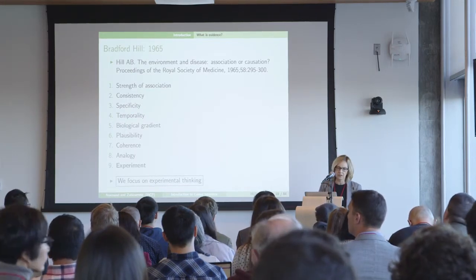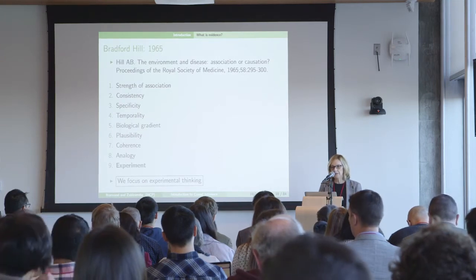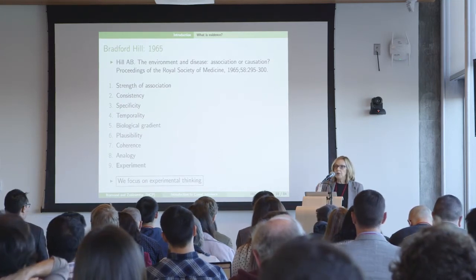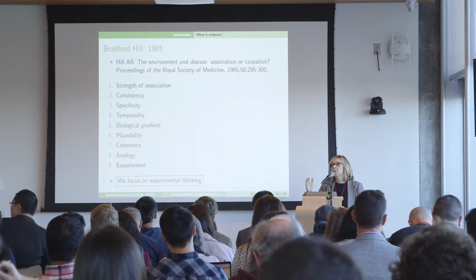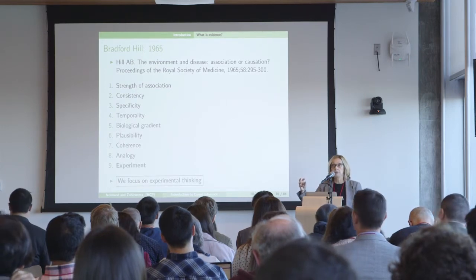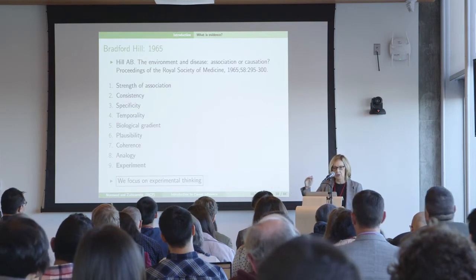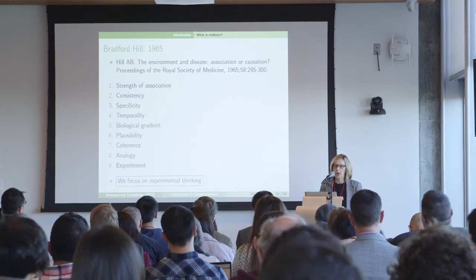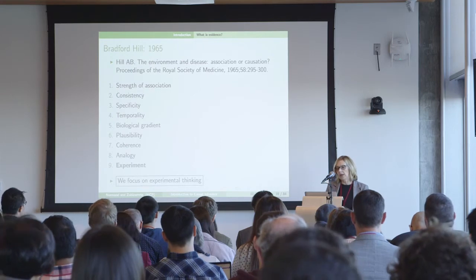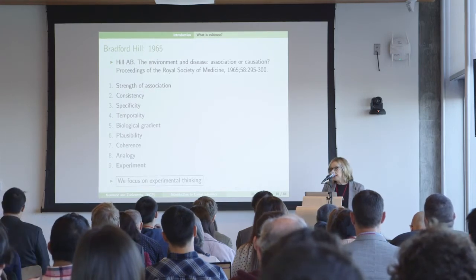You want it to be consistent. You want it to be specific. If it's a dose response, if you give more of the drug, do you see more of the effect? There's a gradient there, whether it's plausible, whether it's coherent, by analogy.